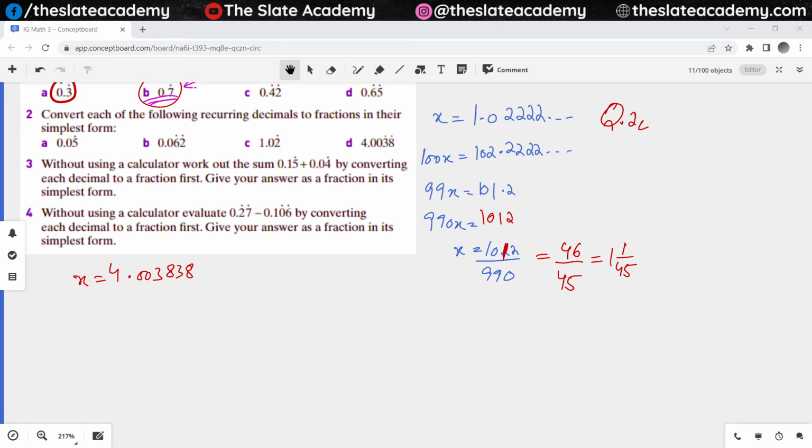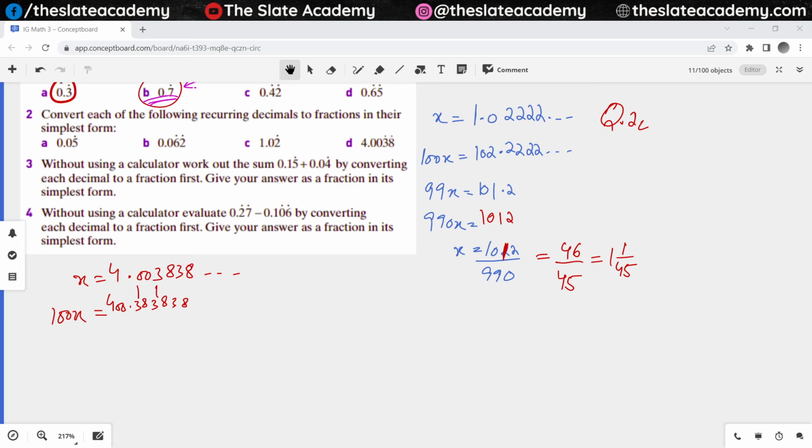All right. So if I multiply by 100 on both sides, I would have 100x equal to 400.383838 and onwards.